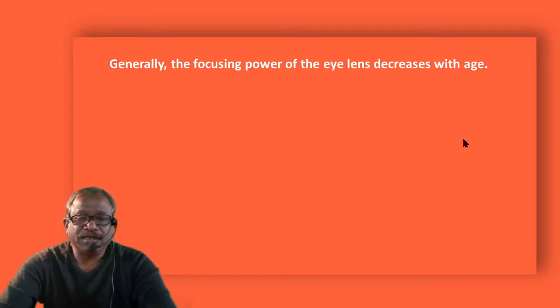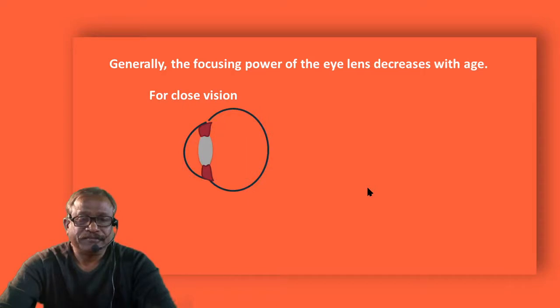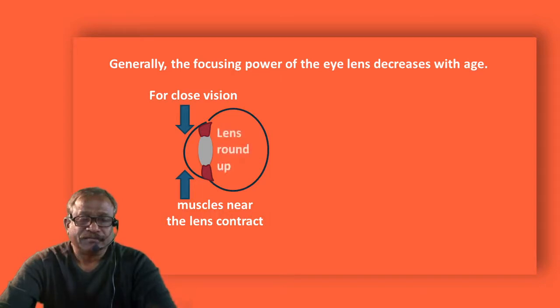So this is a general defect in age. For close vision, muscles near the lens contract and the lens becomes rounded. Focal length decreases in this case.